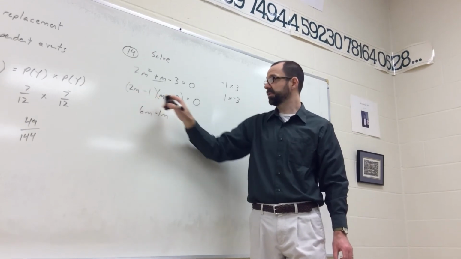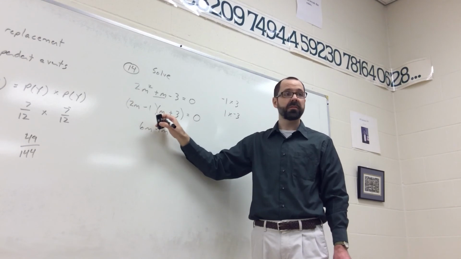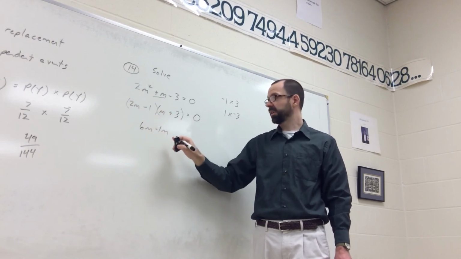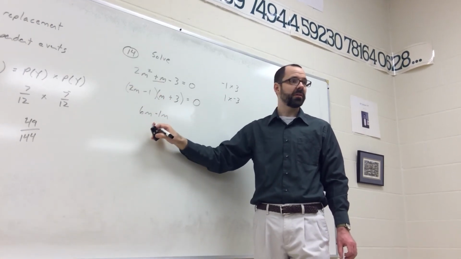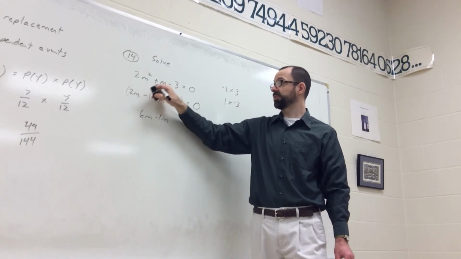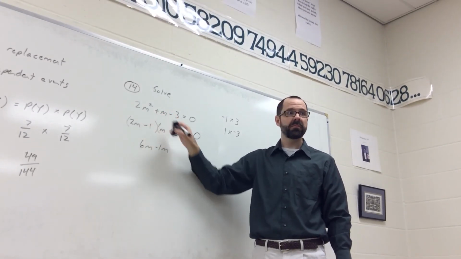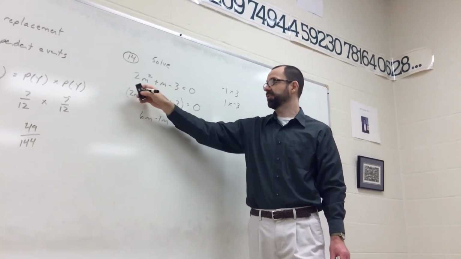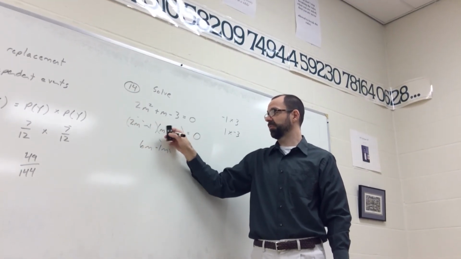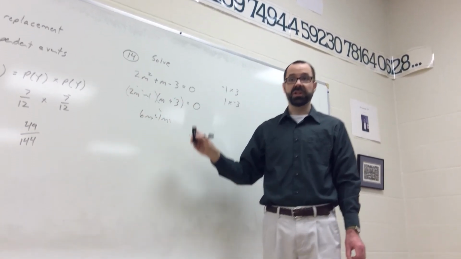So I did this and this. Is 5m good? It's not, because we want just 1m. All right, so I'm just going to lightly cross this out because I don't want to forget that I tried it, but it's not working.